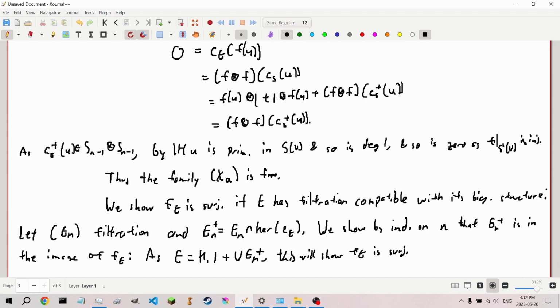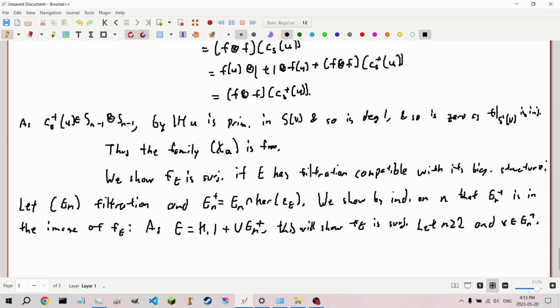We already have it shown for n equals 0 and 1. So we're going to let n be at least 2 and x be in E_n^+.